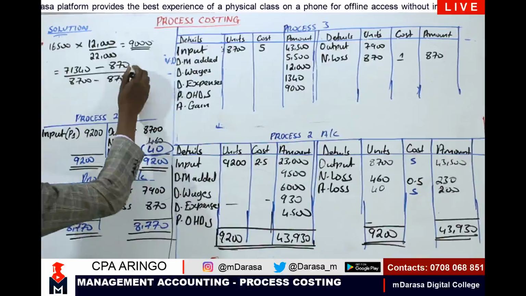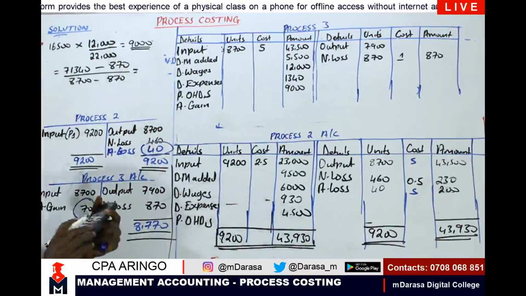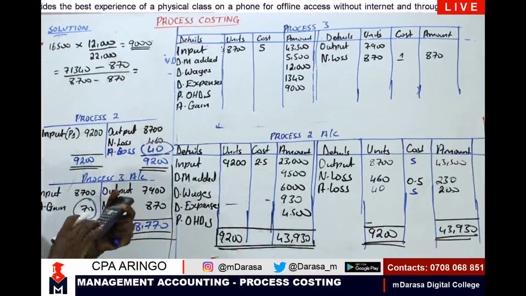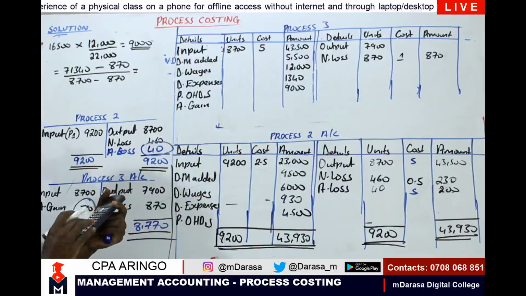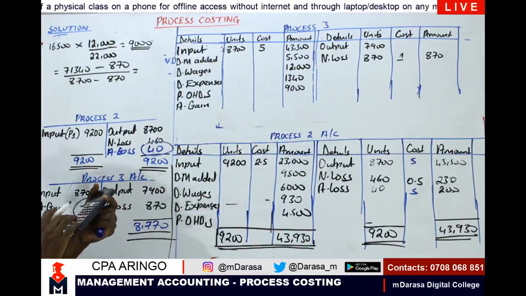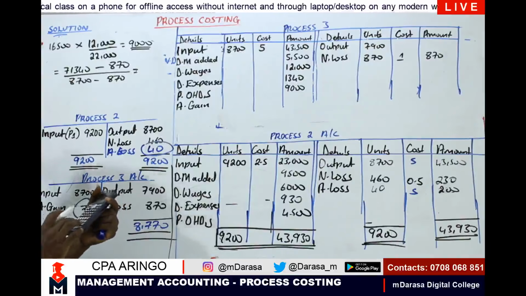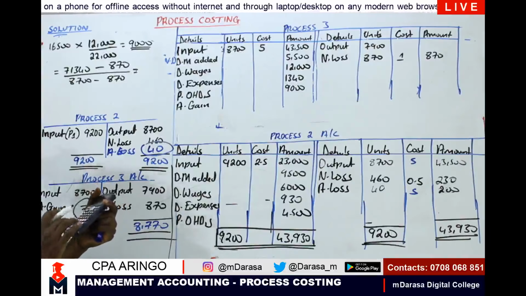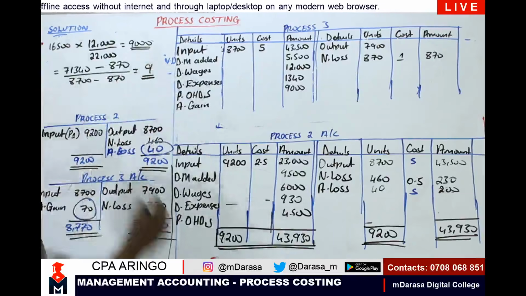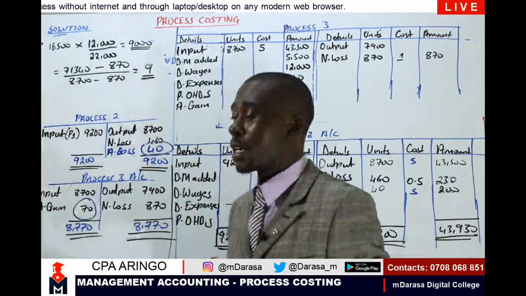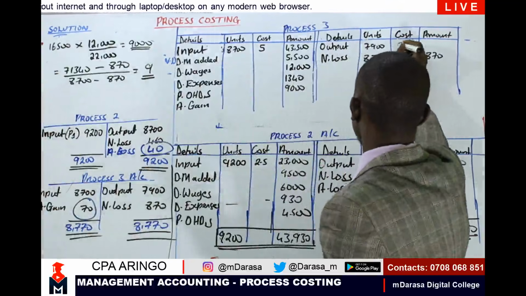So that should give us how much? 71,340 minus 870, divided by 8,700 minus 870, to give us a figure of how much? 9. We should be having 9. So confidently, I can come and write here 9.